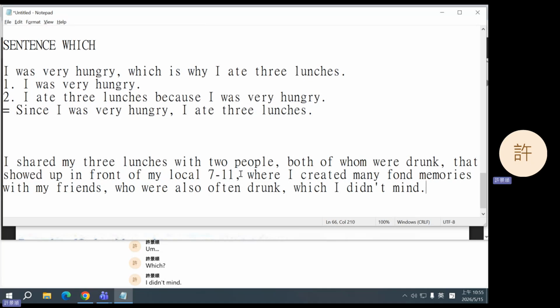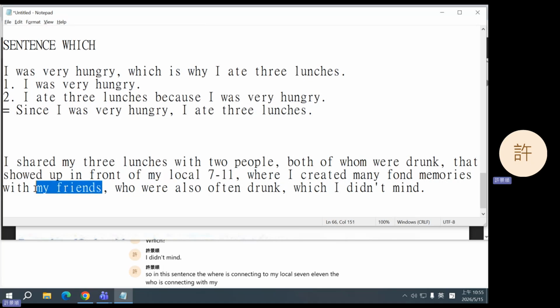So in this sentence, the where is connecting to my local 7-Eleven. The who is connecting with my friends.